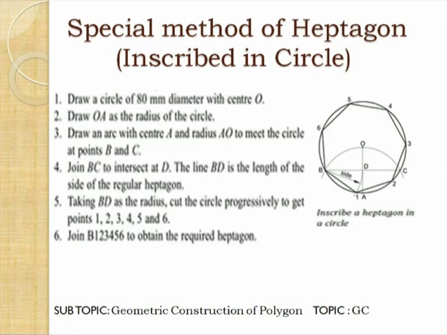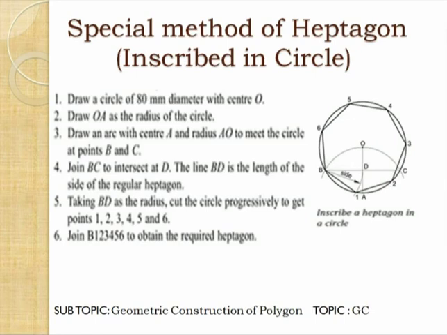Then, taking center A, you draw one arc passing through the center O, which will intersect the circle at points B and C. You join points B and C, so you will get the intersecting point with radius OA, the point D. Then the size of BD will be the length of the heptagon side.